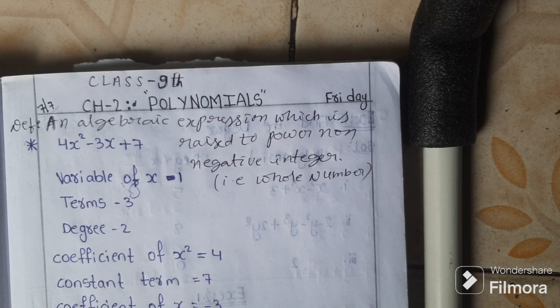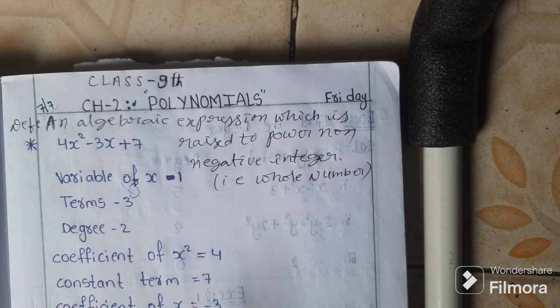Some operations, into or divided by, may also be there. Suppose 2 by 3x is one algebraic expression. That means numbers along with variables including the 4 operations is an algebraic expression.